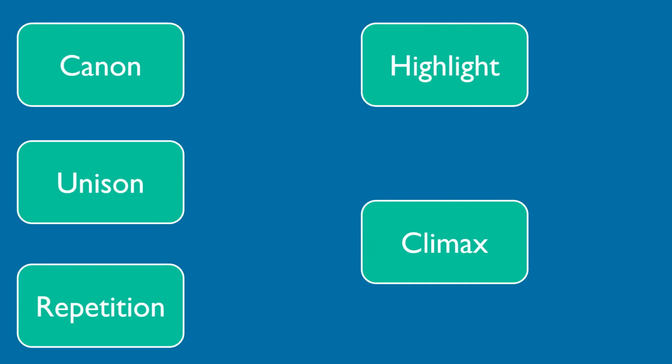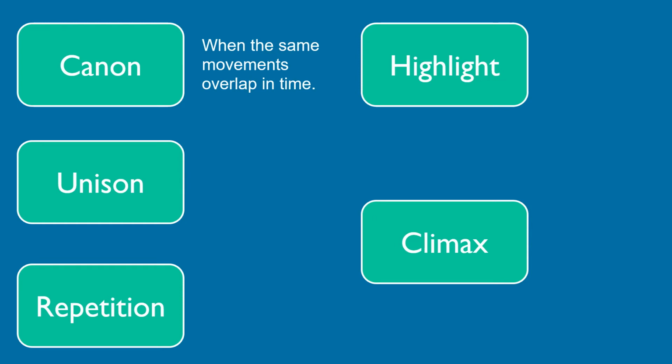Okay, so defining these choreographic devices. We'll start with canon, which is when the same movement overlaps in time. The most simple example is, of course, the Mexican wave. Everybody performs that same waving of the arms motion. However, it overlaps in time, so it happens one after the other.